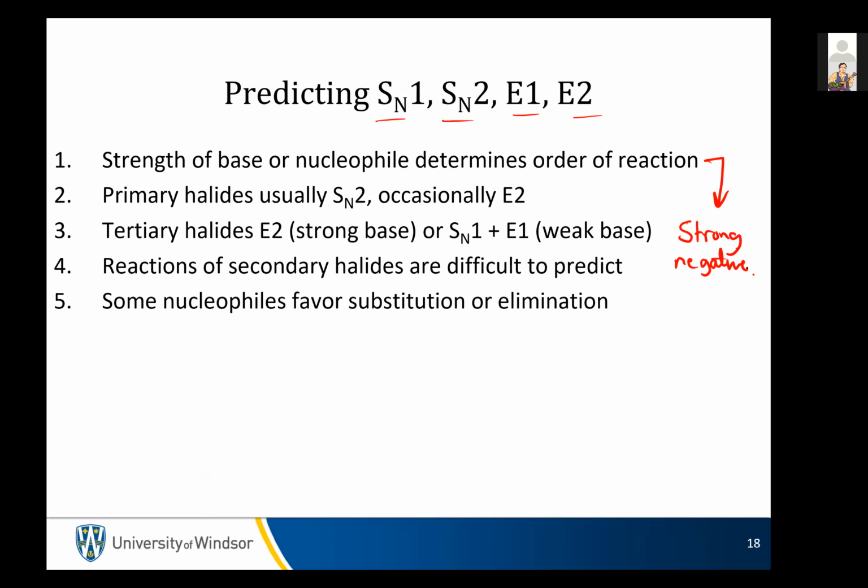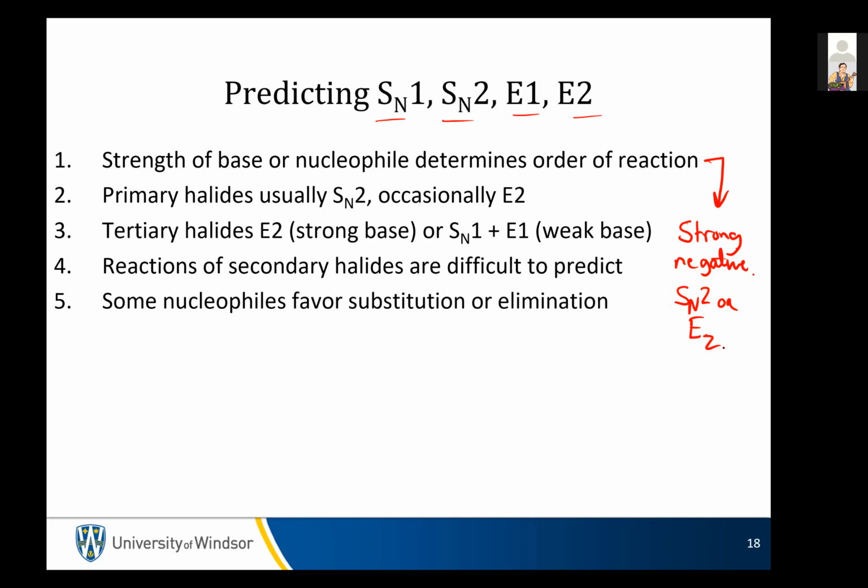So strong bases, strong nucleophiles, could be the same thing, just we're calling it something different because it's doing something different, tend to do SN2 and E2. And that's because the nucleophile or base is involved in a rate determining step. And because it's reactive, it's not going to wait around for the leaving group to wander off, which is what it needs to do for the SN1 and E1. It's going to get involved.